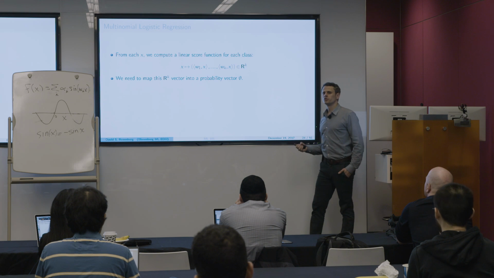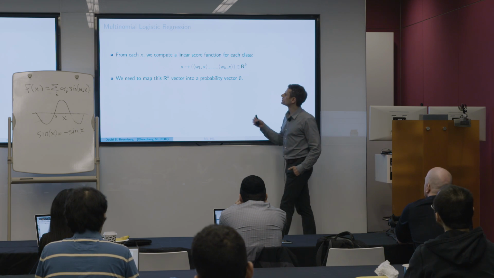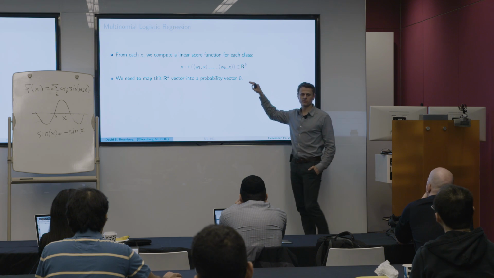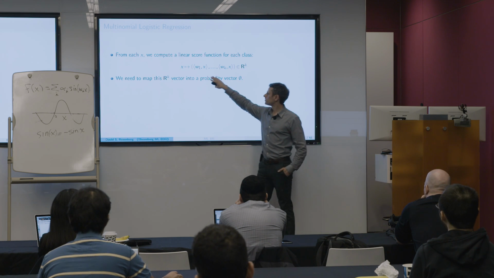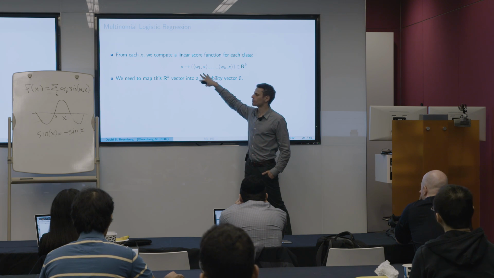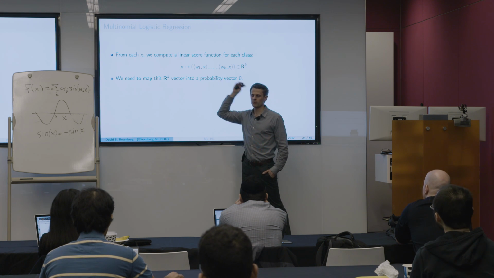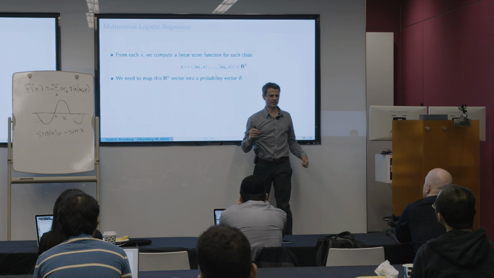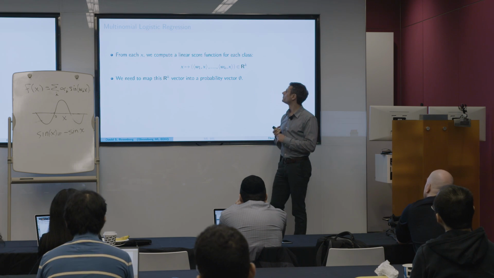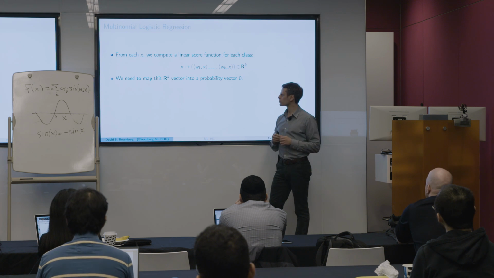So the way we do it in multinomial logistic regression is the input x gets mapped to K score functions, if you will, and each of those scores, one for each class, is a different inner product of x with some parameter vector. So we have one parameter vector for each class, w1 through wK, and each of those gives us a different score.